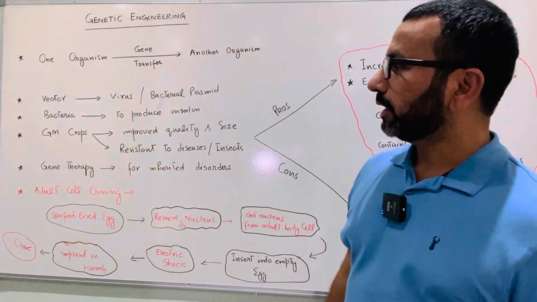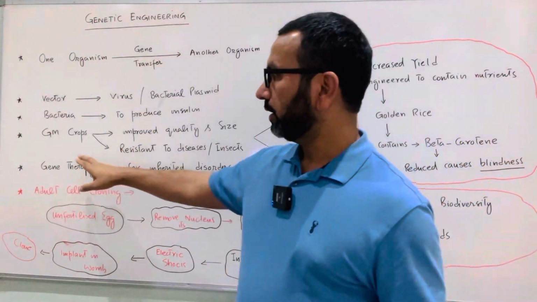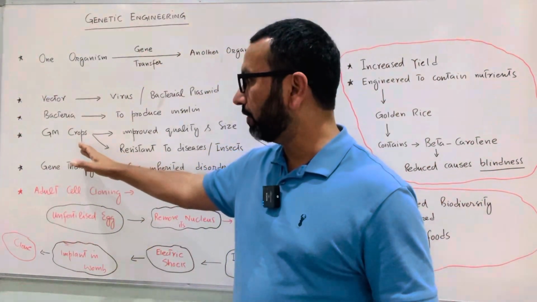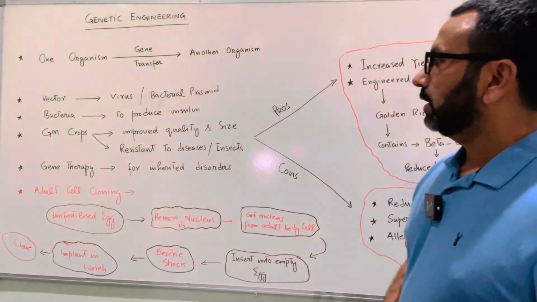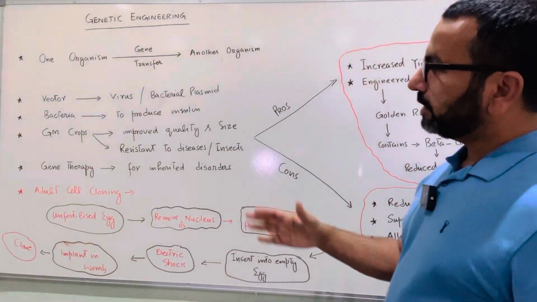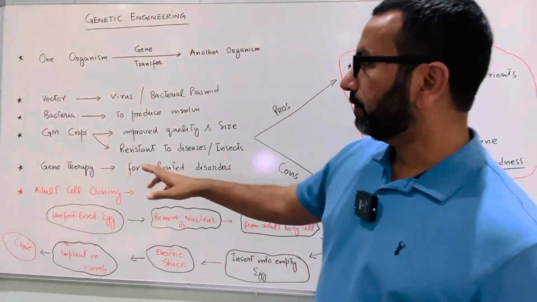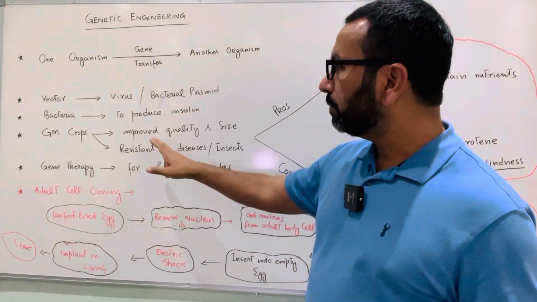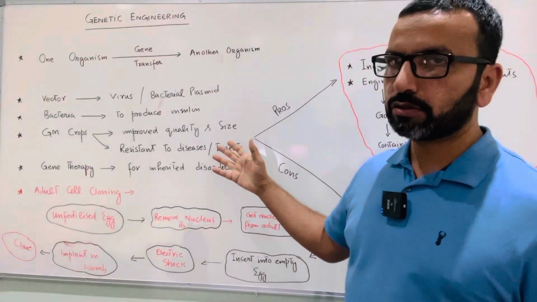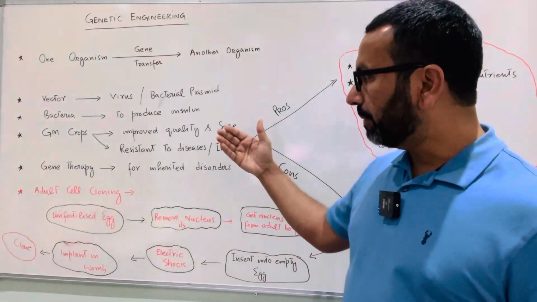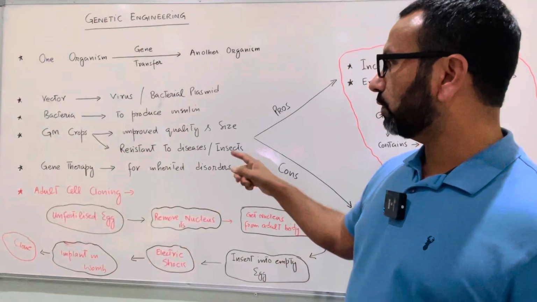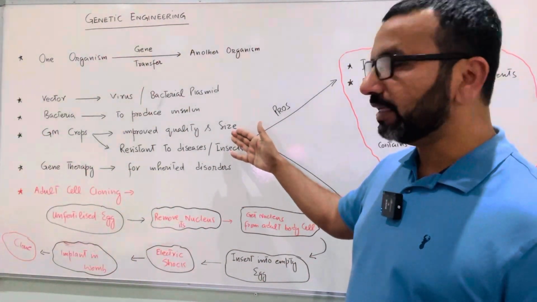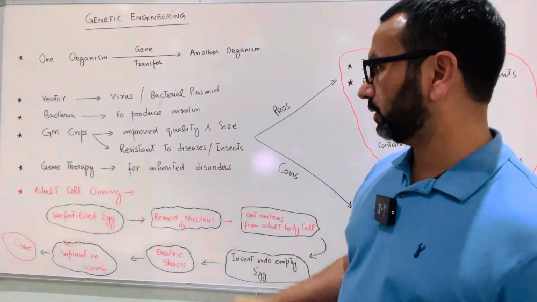And the other important example of genetic engineering is GM crops, genetically modified crops. What is the benefit we can have? As a result of these crops, we can have improved quality and bigger size, increased yield of the product.